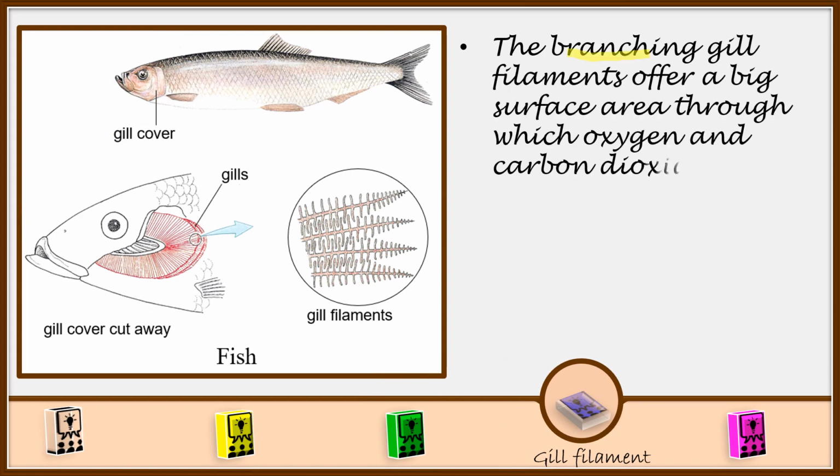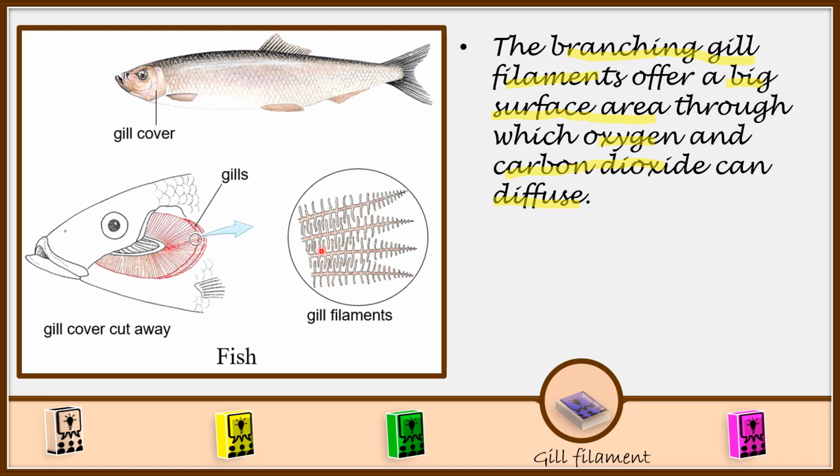The branching gill filaments offer a big surface area through which oxygen and carbon dioxide can diffuse. Now, when you look at our gills here, when you magnify them, they have the gill filaments, and these gill filaments are further divided into small filaments.